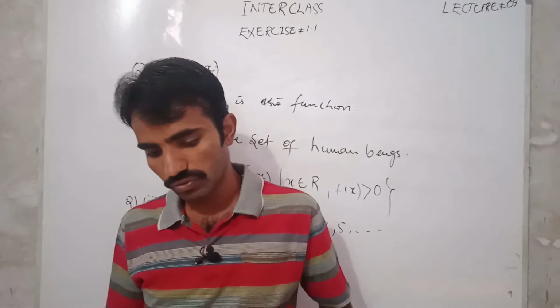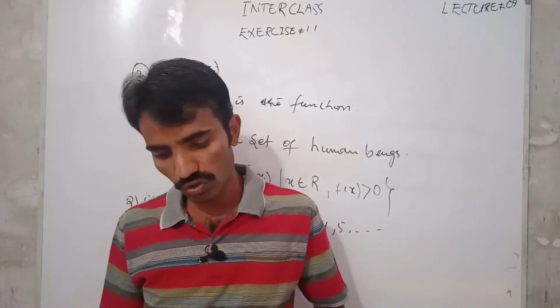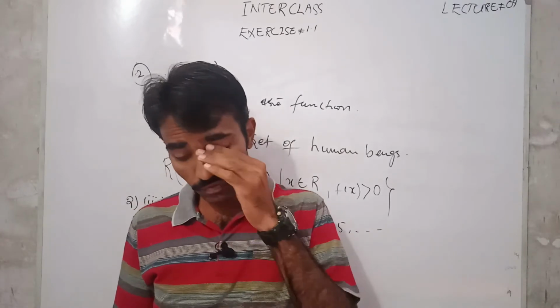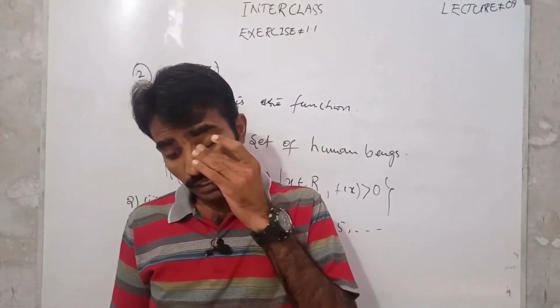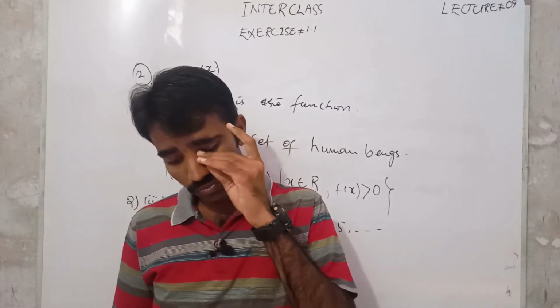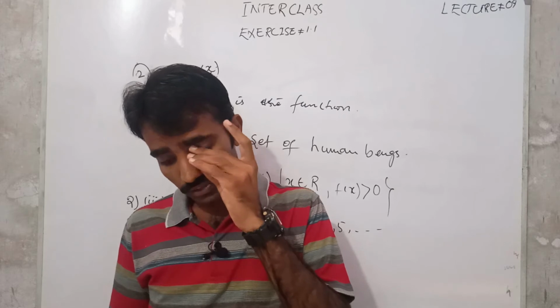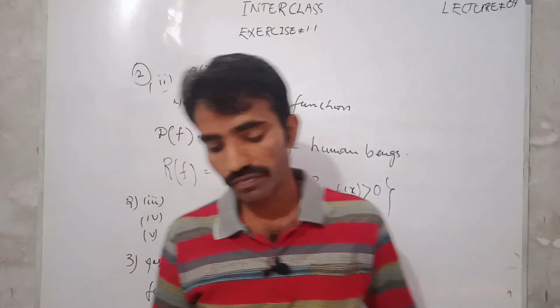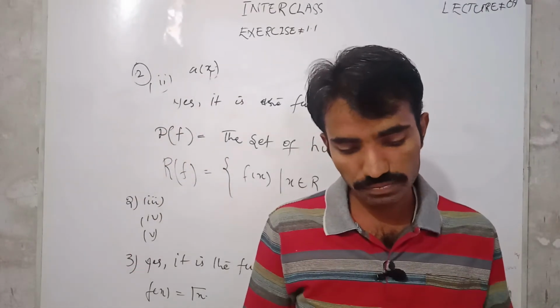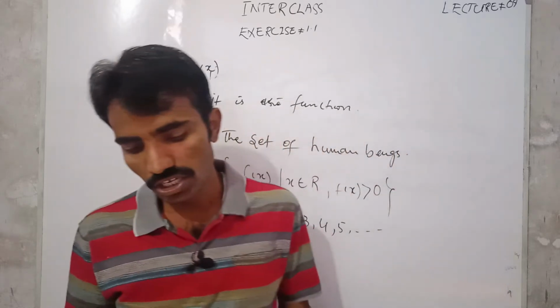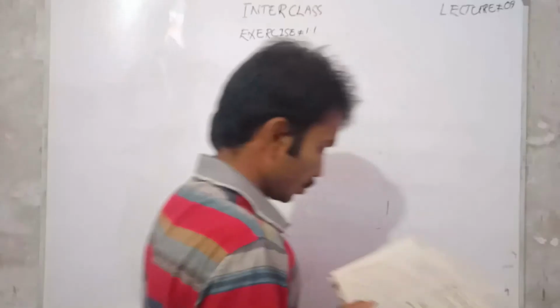Now we will move towards question number 4. In question number 4, f is defined on the interval -1 to 5, a subset of the real numbers, and is given by f of x is equal to x square for all x belongs to [-1, 5]. Find f of 2.